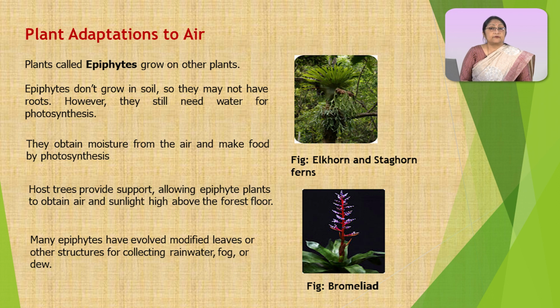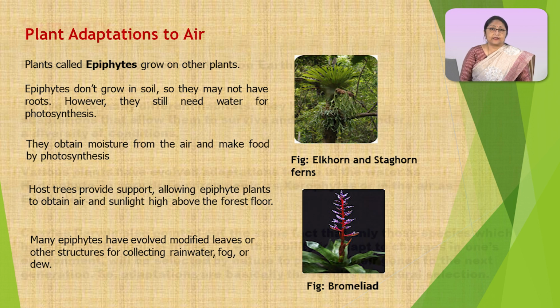The leaves of the bromeliad shown in the figure below are rolled into funnel shapes to collect rainwater. The base of the leaves forms a tank that can hold more than 8 liters of water, for conditions where there is no availability of water as the roots are in the air.